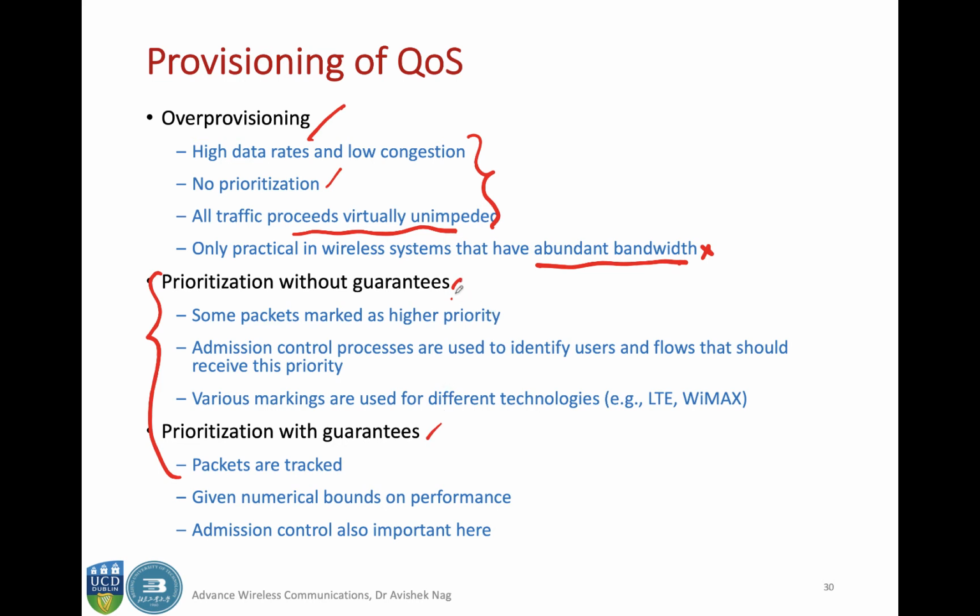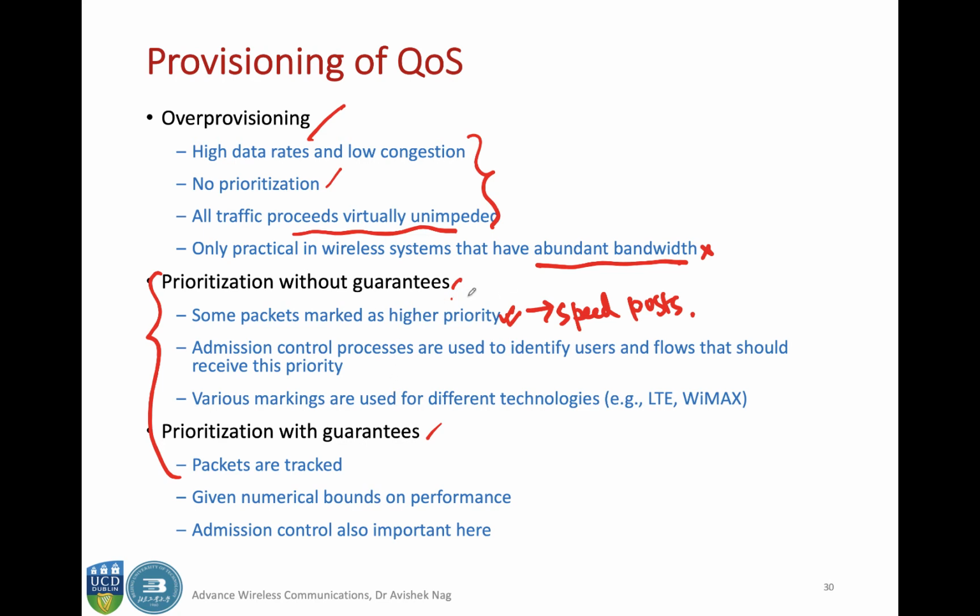In the case of prioritization without guarantees, some packets are marked as high priority. If you go back to the analogy of the postal system, like registered post and speed post, you have high priority. And then for other regular posts where the price is also low, you have no prioritization.